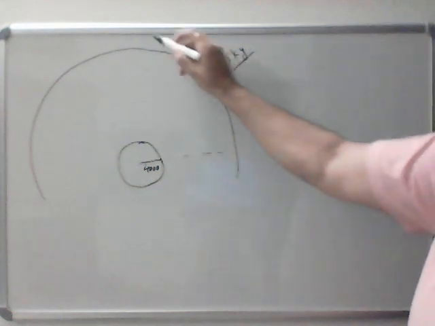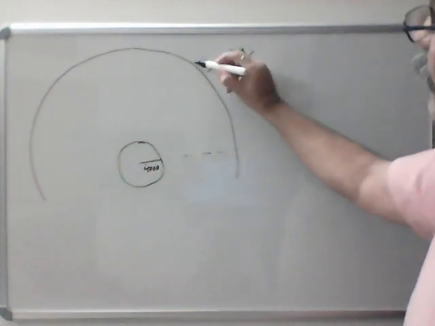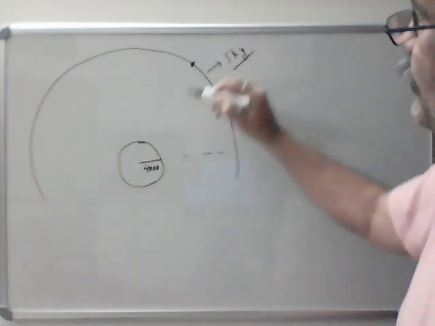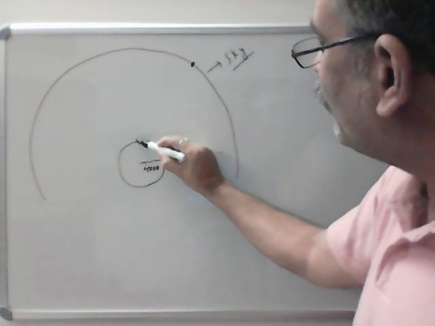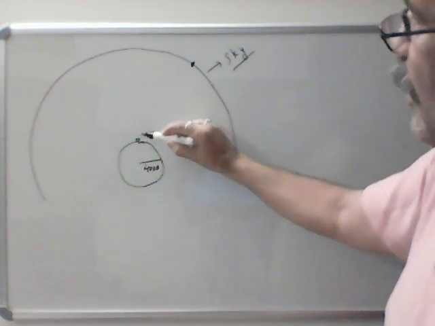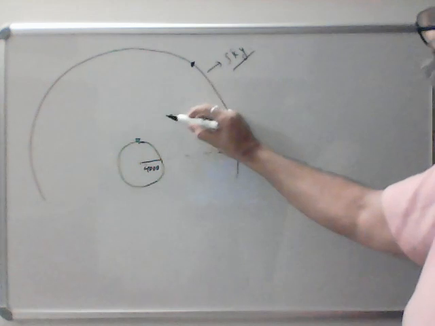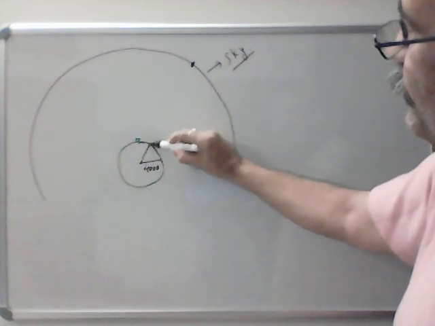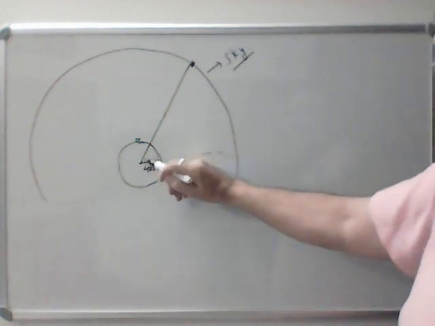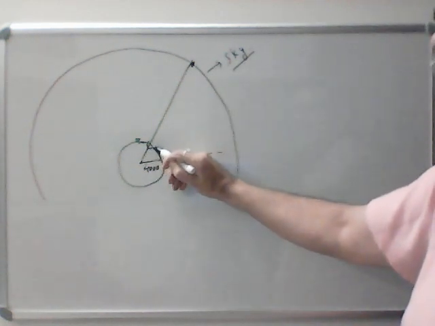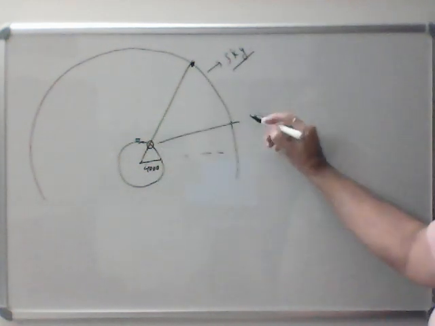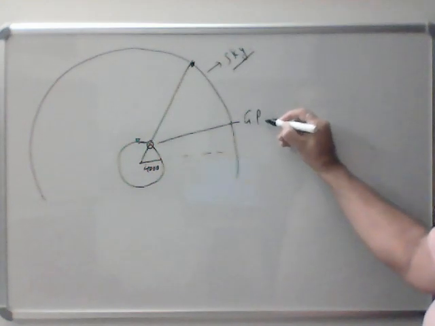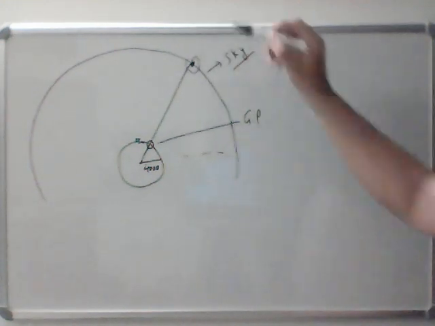So all the celestial bodies are here. If you have a star here and the ship is here, and you make a line from the star to the center of the Earth, wherever this line cuts the surface of the Earth, that is known as the geographical position of this celestial body.